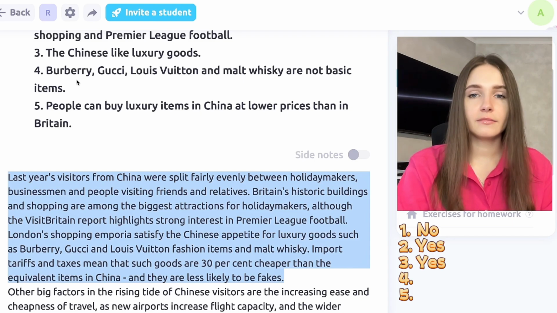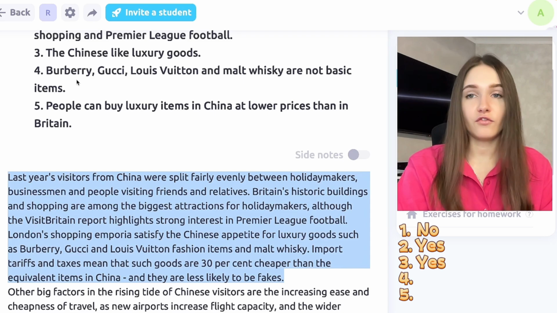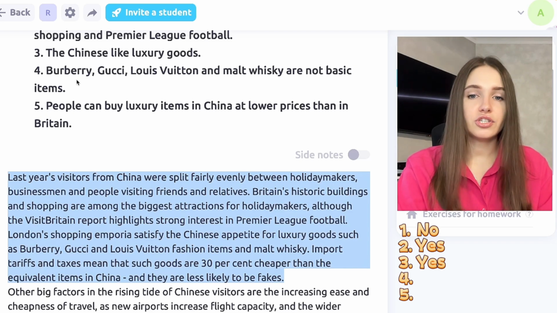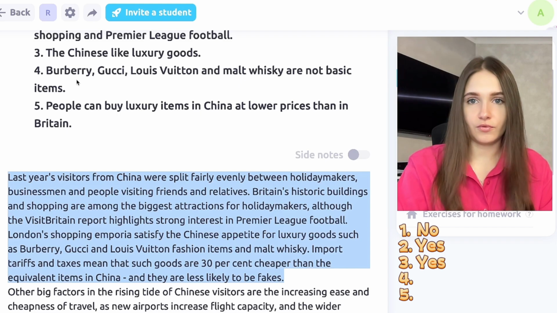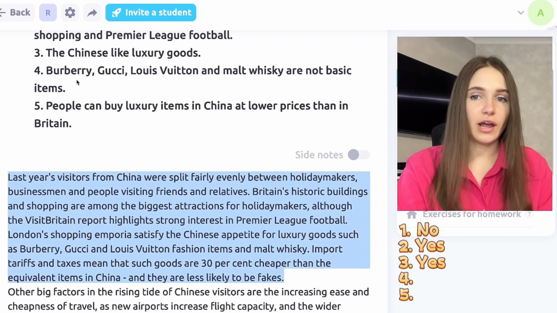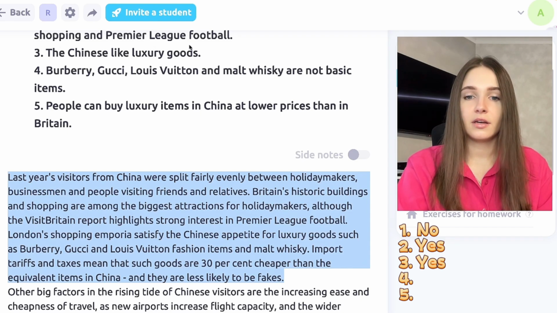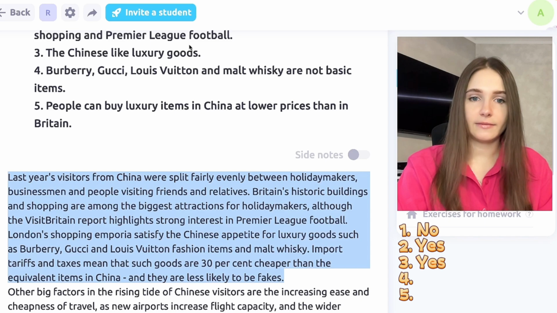So here we may say that 4 is not given. Be very careful. Don't make assumptions based on your background knowledge or on what you read before. You need to find the proof for your question. So here we do not have it. Luxury goods, okay, but we had it in the third task. So that is not given.